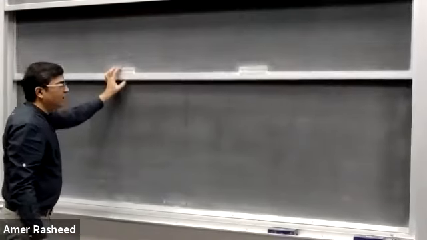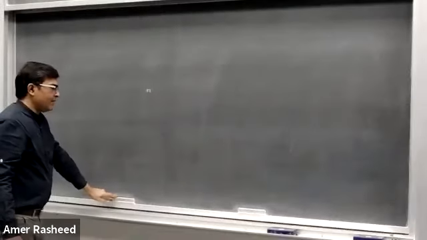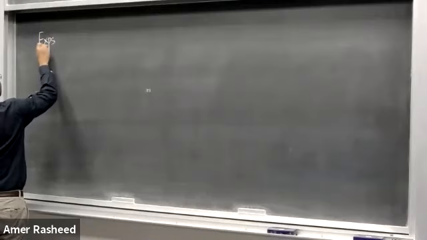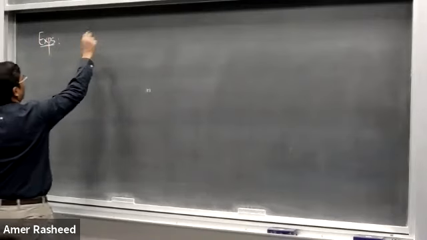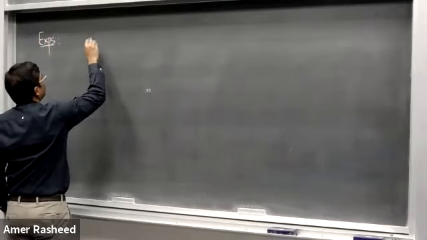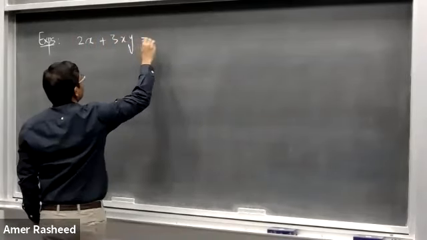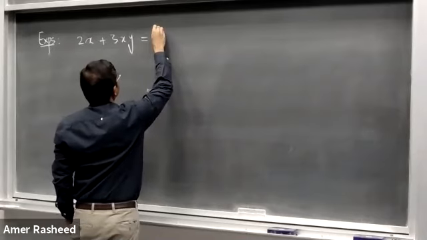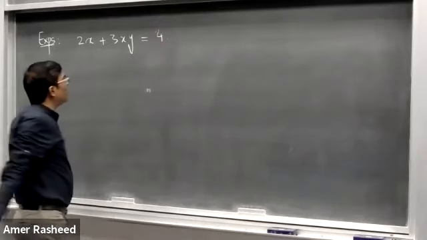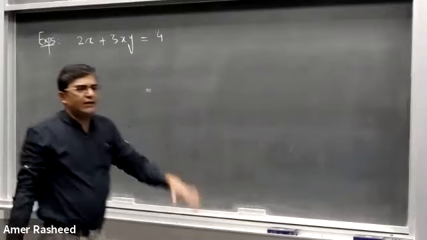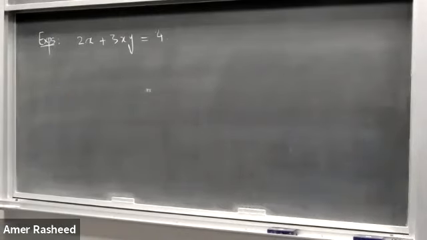For example, now examples of equations which are not linear. For example, if we have 2x plus 3xy is equal to maybe 4. So this equation is not a linear equation. Why is it not linear? Can anyone tell me?